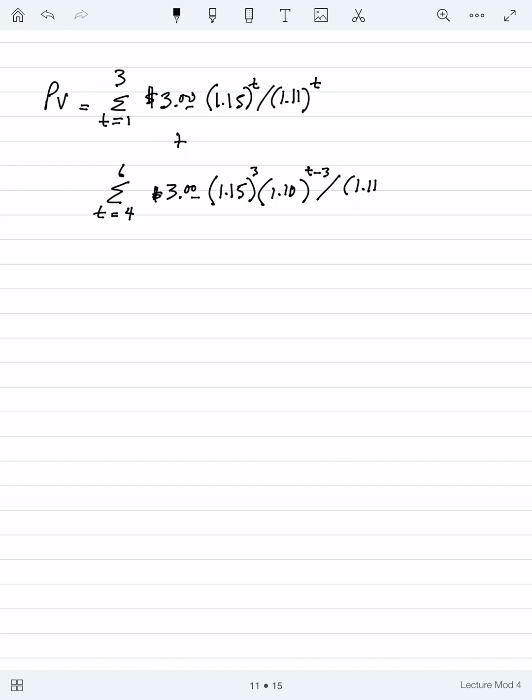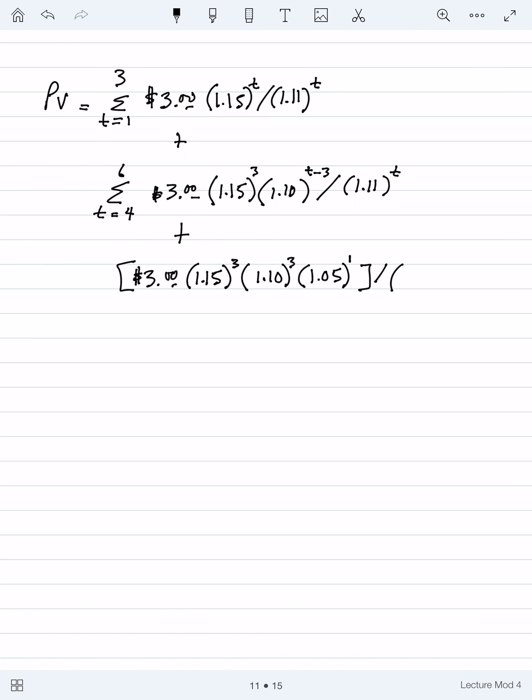That's discounting at 1.11 to the T. And then you have to run a $3 payout that was growing 15% for 3 years, then 3 periods growing at 10%. And then in year 7, it grew at a 5% rate.